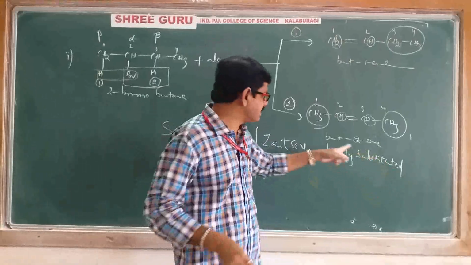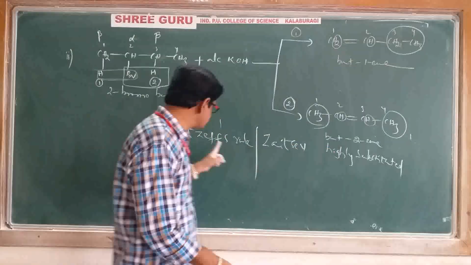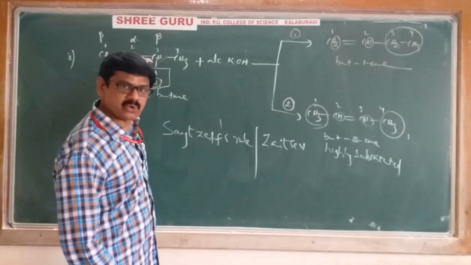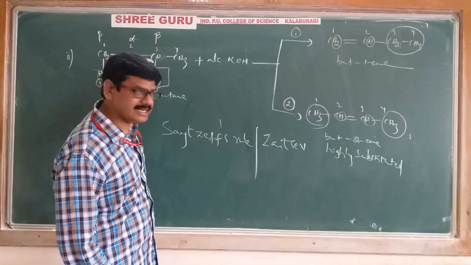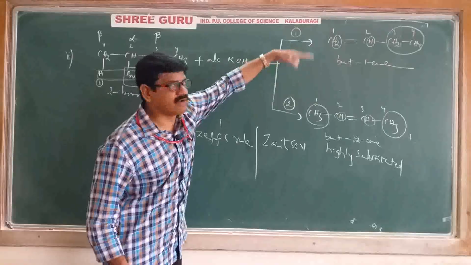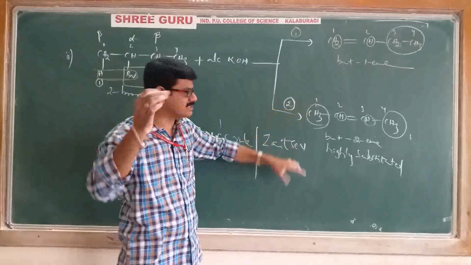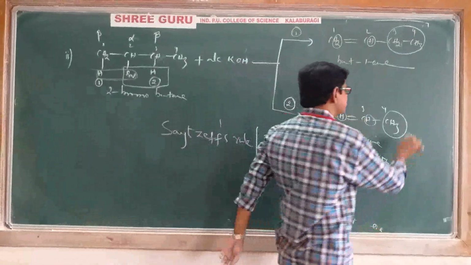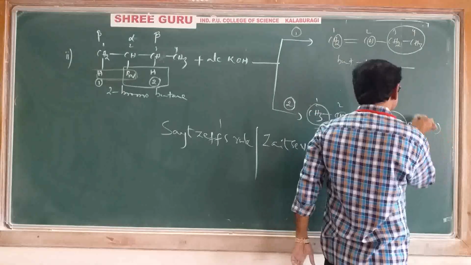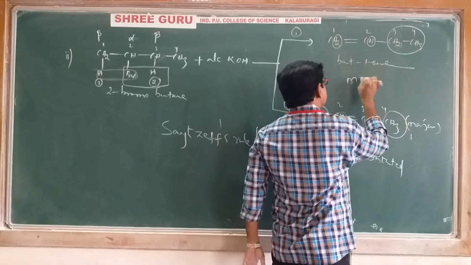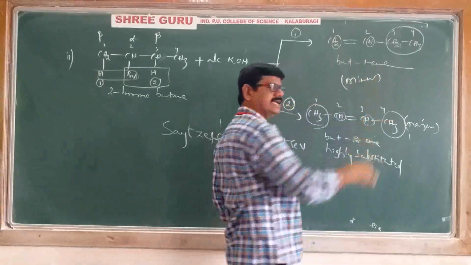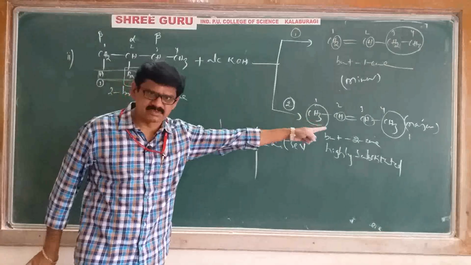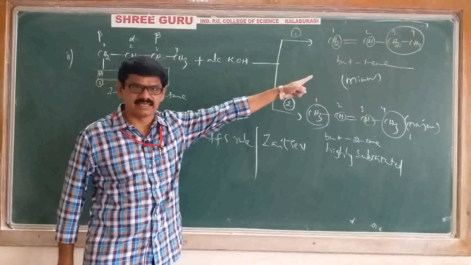According to Saytzeff rule, when dehydrohalogenation of an alkyl halide gives more than 1 alkene, the highly substituted alkene is the major product and the other one is the minor product. It is major, that is minor, that's it. According to Saytzeff rule, but-2-ene is major, but-1-ene is minor.